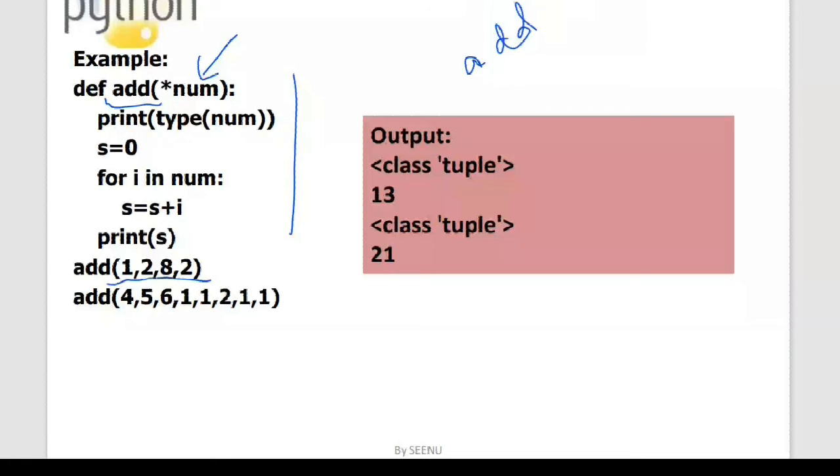Now I'm calling the method add. Into this method as arguments, I'm passing the elements to be gathered: 1, 2, 8, 2. When you pass these into this function, it has to gather all these elements into a single variable.